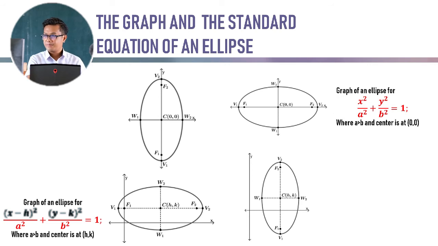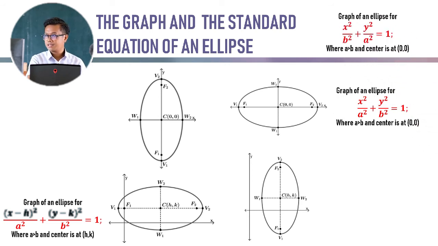Very good. Next standard equation is x squared over b squared plus y squared over a squared is equal to 1. Again, ang imong center is at 0, 0 kay wala ka sang values ang imong h and k. Therefore, your center is ara sa origin. Kag ang imong a is ara siya under your y.